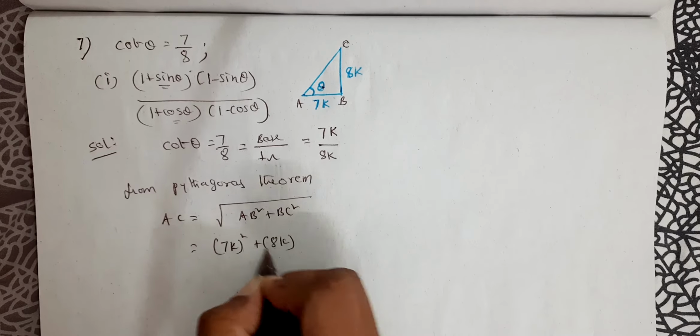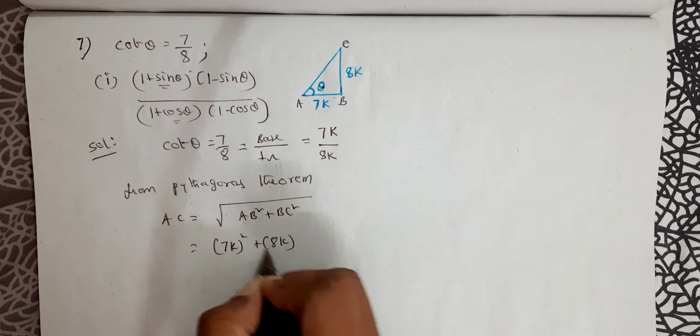So 7 square is 49k square plus 8 square is 64k square, under root. Adding 49 and 64, we get 113.